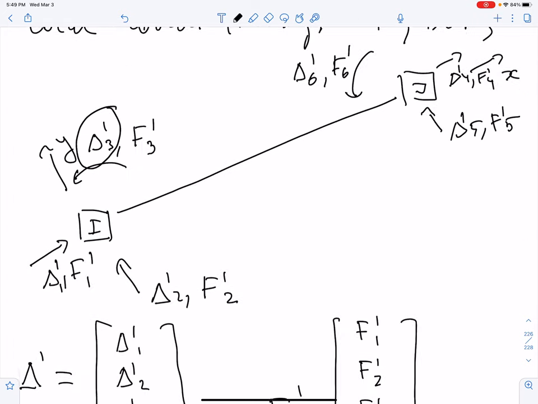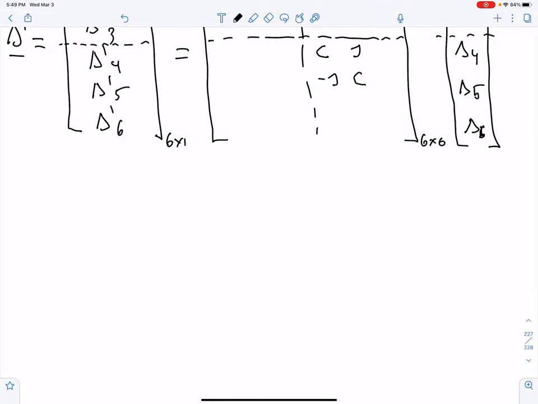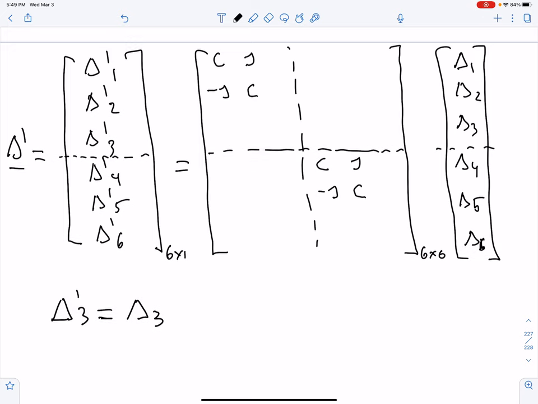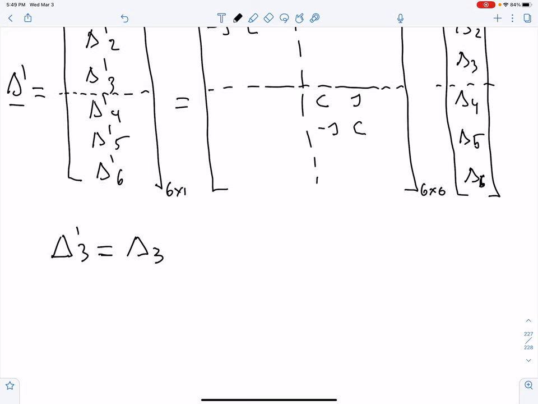So I can conclude from this that rotations in the local and in the global coordinate system are the same. Again, there's no reason to assume otherwise. So delta prime 3 equals delta 3.